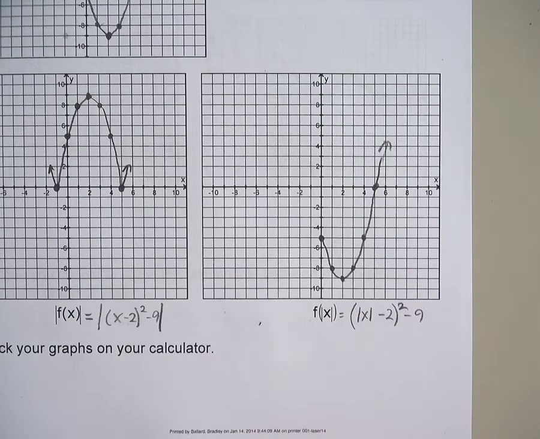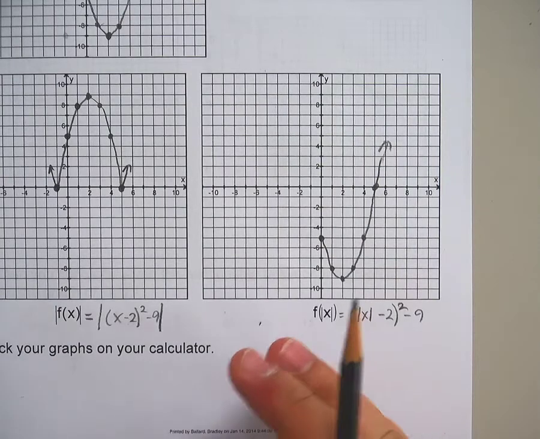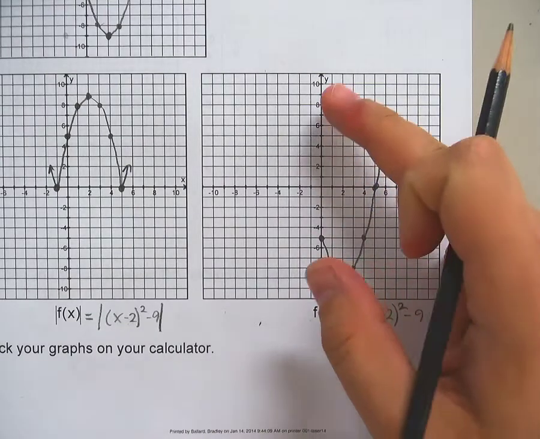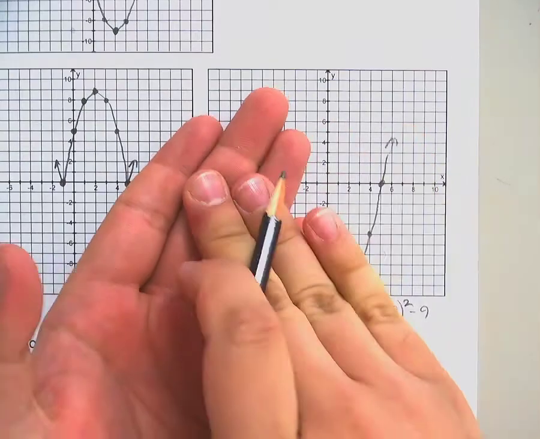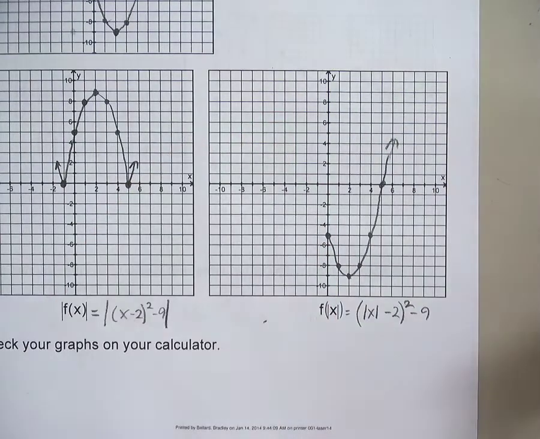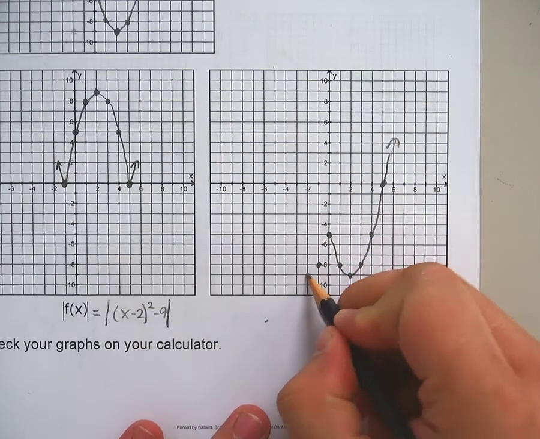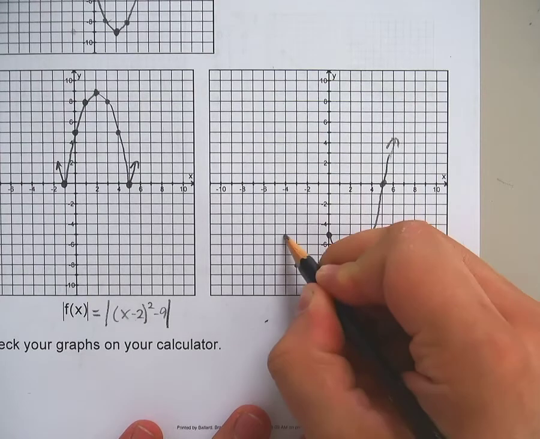So what I like to do, start off by graphing everything but the left-hand side. And then imagine if this was wet ink and we folded the y-axis and pressed it onto this side, what would it come out being? So it looks something like this.